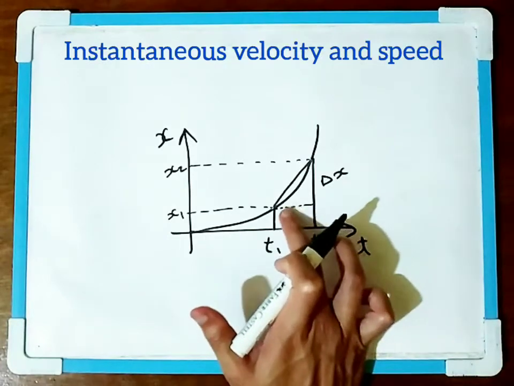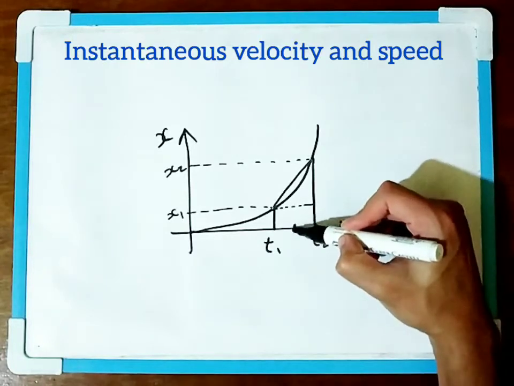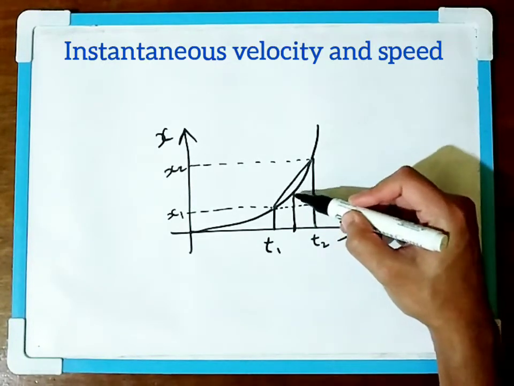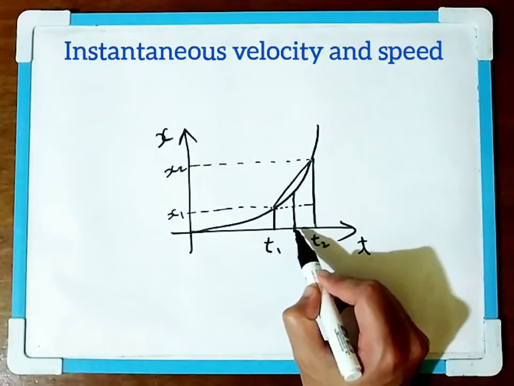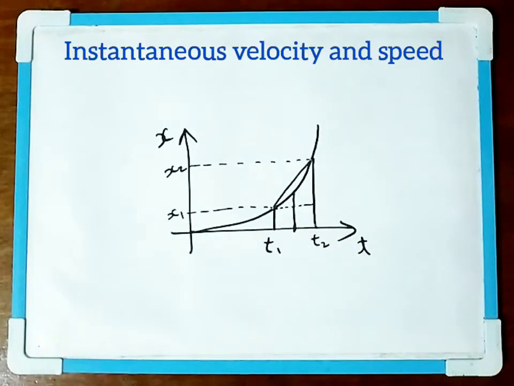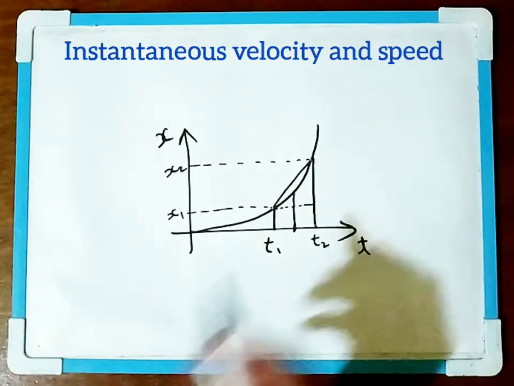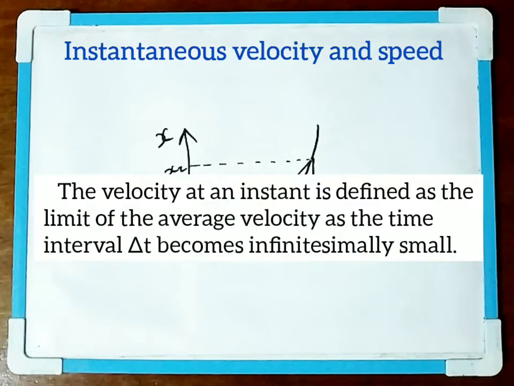But what if you want to find the velocity at say this particular time? Then to find the velocity at this instant of time, we'll have to use the concept of instantaneous velocity, or simply velocity v at that instant of time t. And this instantaneous velocity is defined as the limit of the average velocity as the time interval delta t becomes infinitesimally small.